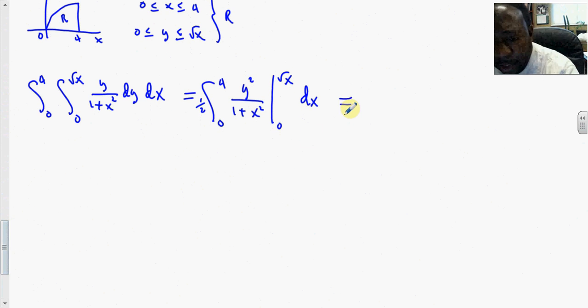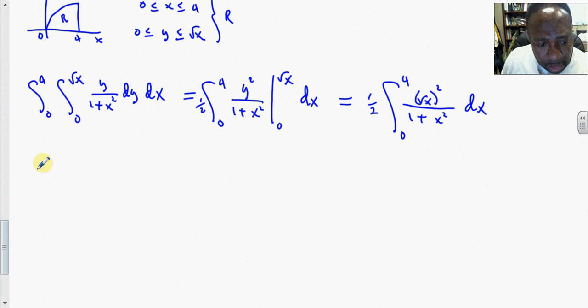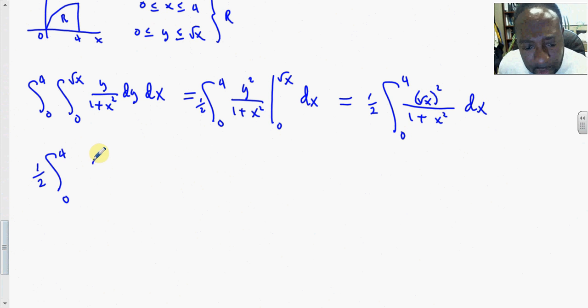So we evaluate with respect to y squared. It's 1/2 the integral from 0 to 4. So we have y, but it's the square root of x, to be squared. That's all over 1 plus x squared. Evaluate at 0, we get 0, so it's just dx. So we have 1/2 times the integral from 0 to 4 of x over 1 plus x squared dx.